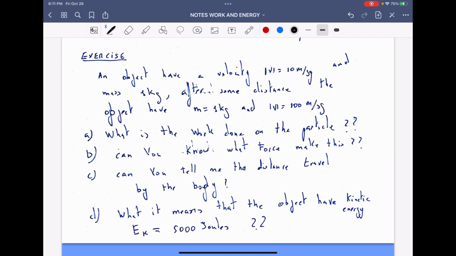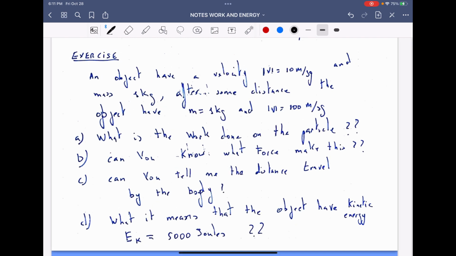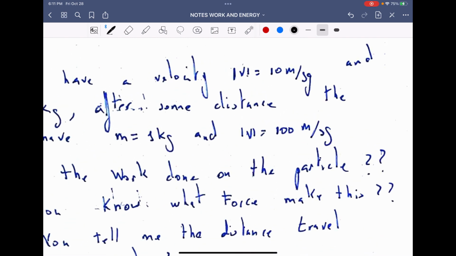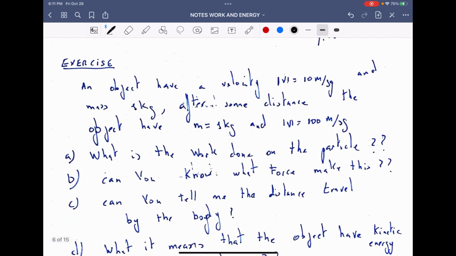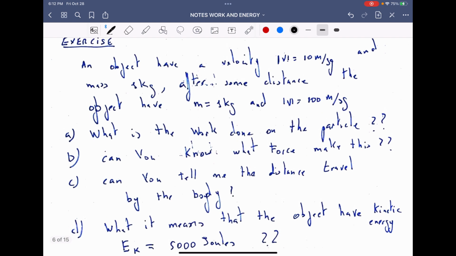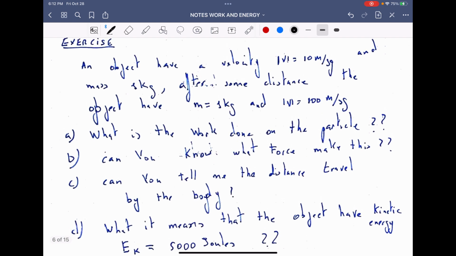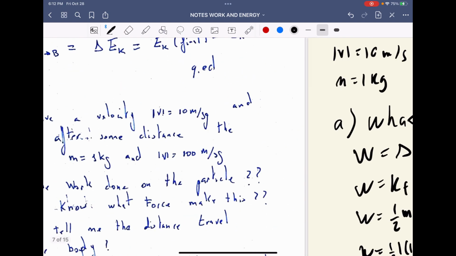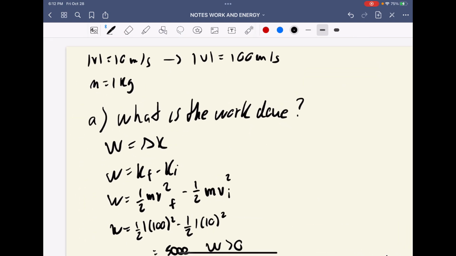So we have an object that has a velocity of 10 meters per second, and mass is 1 kilogram. And after some distance, the object has 1 kilogram, and the velocity changed to 100 meters per second. The first question says, what is the work done on the particle? So here we start.